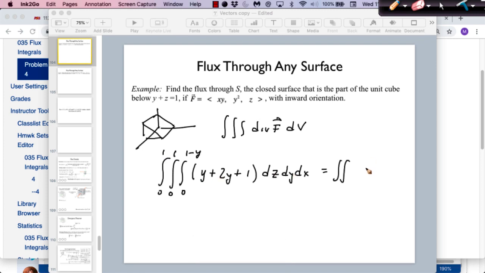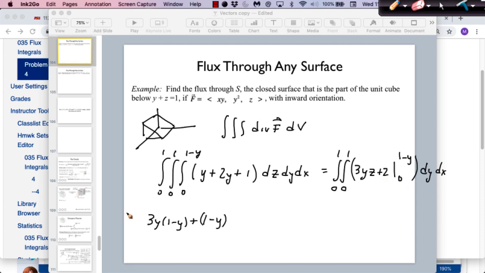So 3yz plus z from 0 to 1 minus y, dy dx. Check my math. So we get 3y times 1 minus y plus 1 minus y.